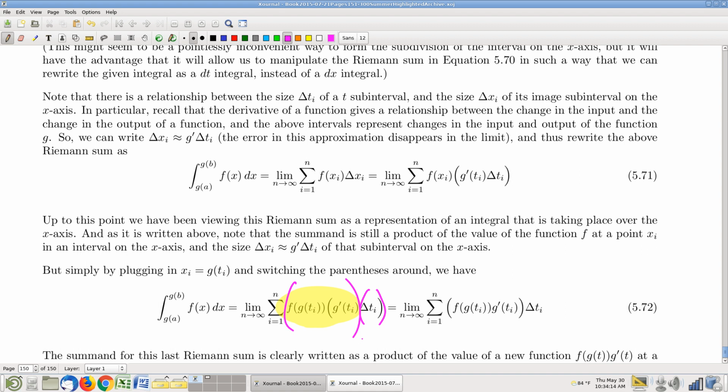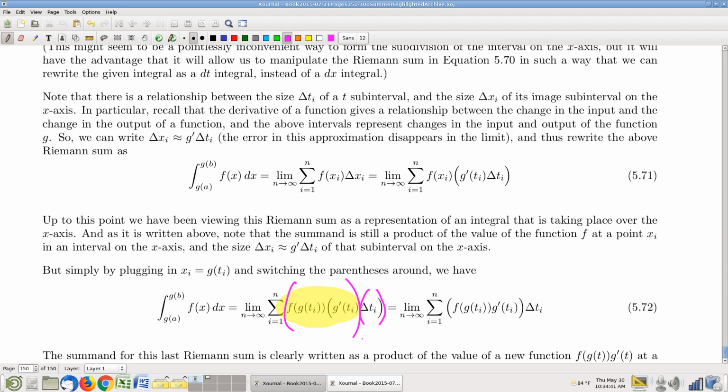Right? But now let's look at what we have. This, as I've got it written here, with my parentheses conveniently moved, I am adding up something times width on the t-axis. The values that I'm plugging into this expression, f of g multiplied by g prime, are these values ti.